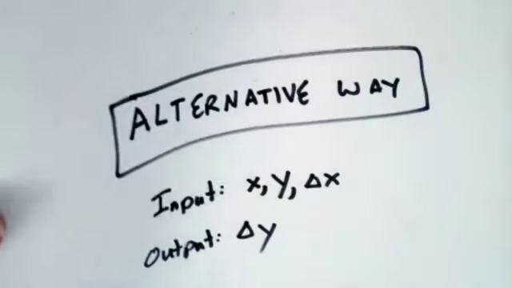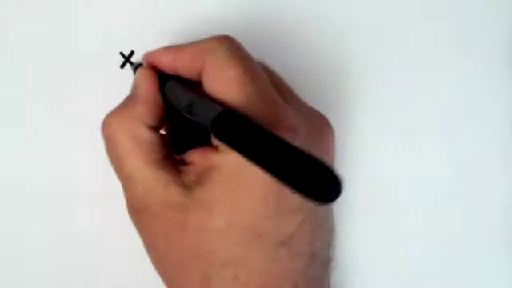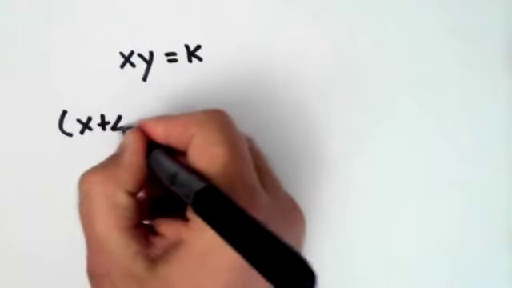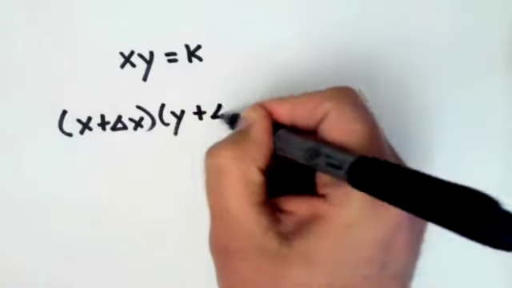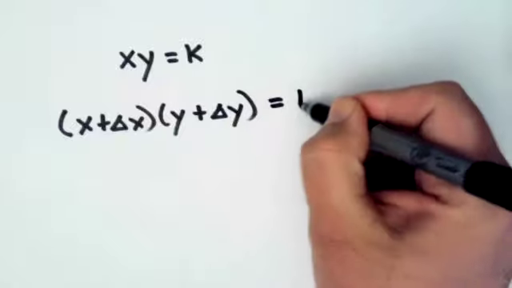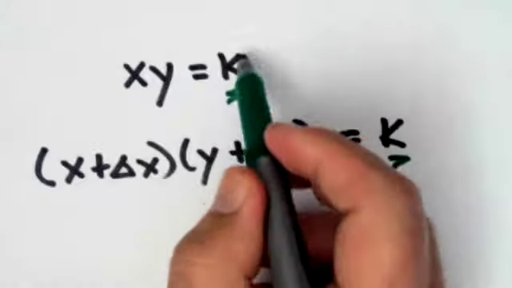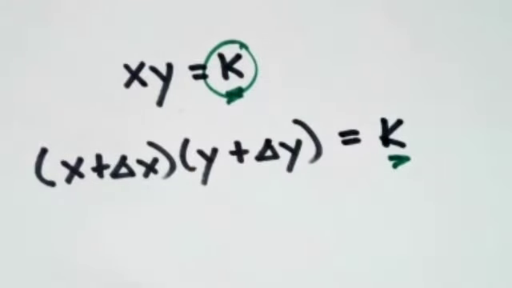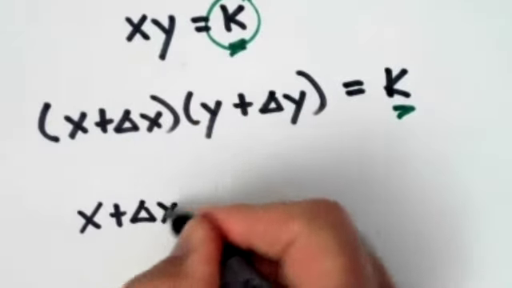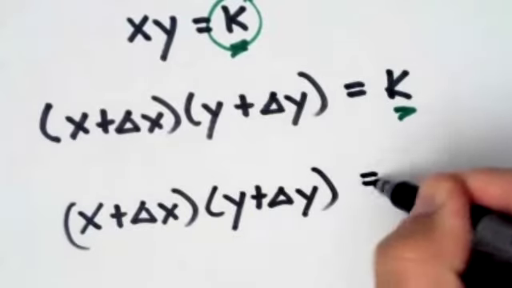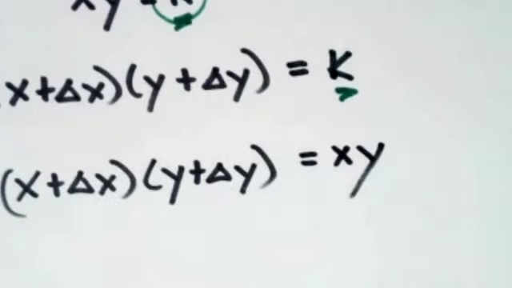So we're still going to start out with our old equation being x times y equals k, and then our new equation being x plus the change in x times y plus the change in y is equal to that same constant k. Then I'm going to follow the same process where I replace this k with x times y, so the next step is x plus delta x times y plus delta y is equal to x times y. And my goal is still the same, to find the delta y.